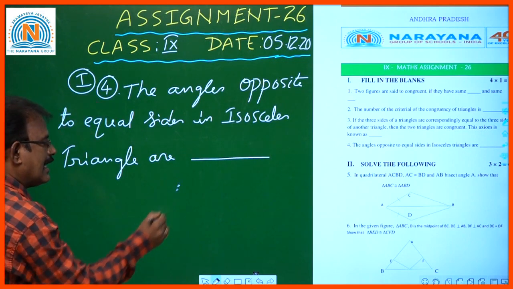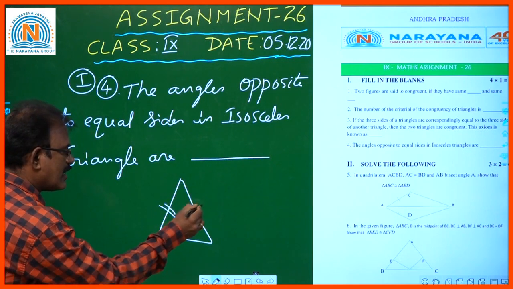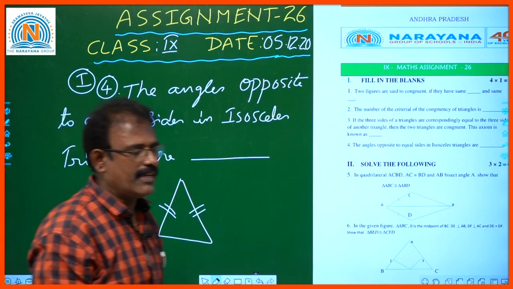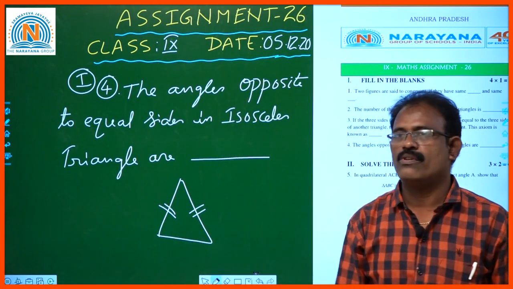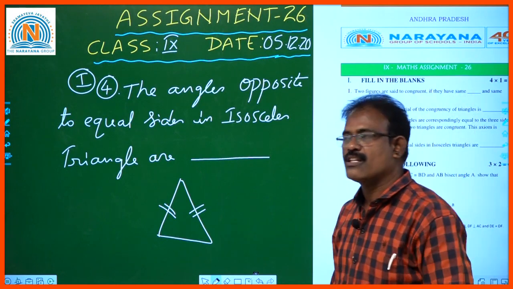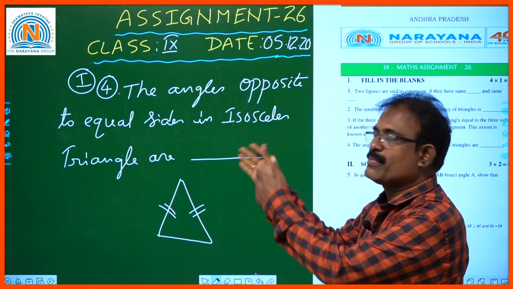See, children, let us consider one isosceles triangle. You know that an isosceles triangle means two sides are equal. Of course, two angles are also equal. This is about the present question.